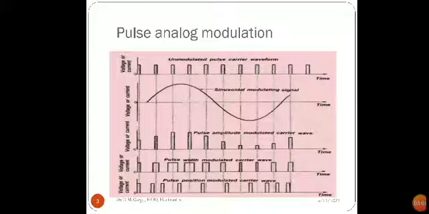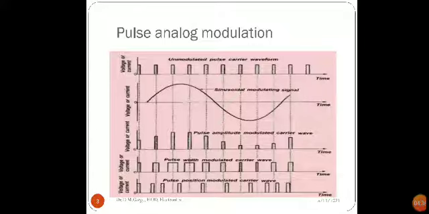In the second last waveform, the width of the pulses is changed according to the instantaneous amplitude of the information signal. You may see certain pulses have greater width where the amplitude of the analog signal is greater, and certain pulses have lesser width where the information signal goes less or negative.